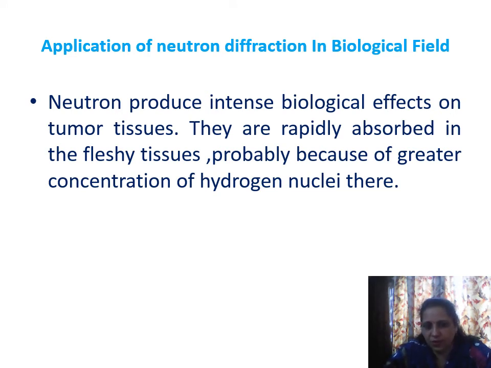An important application of neutron diffraction in the biological field: neutrons produce intense biological effects on tumor tissues. They are rapidly absorbed in the fleshy tissues, probably because of the greater concentration of hydrogen nuclei there.